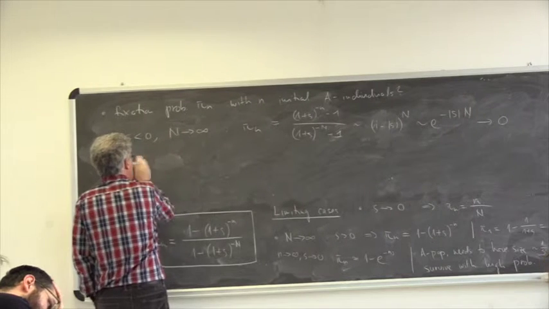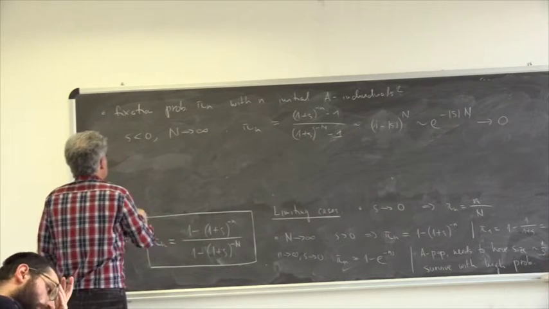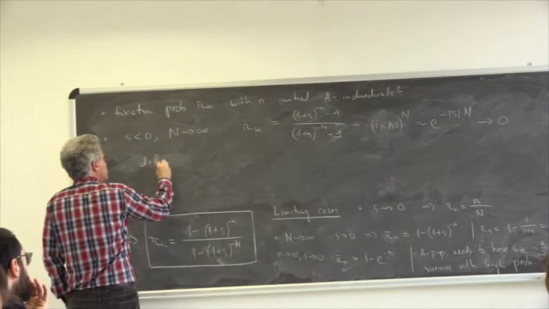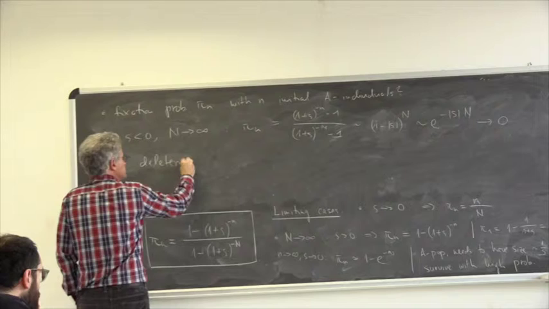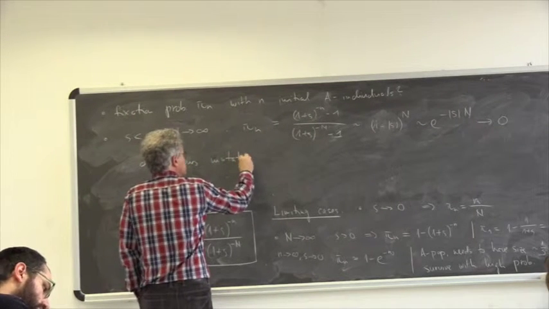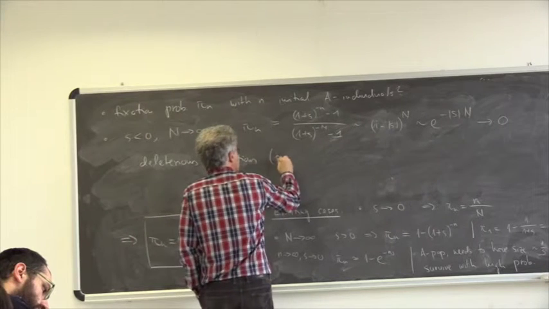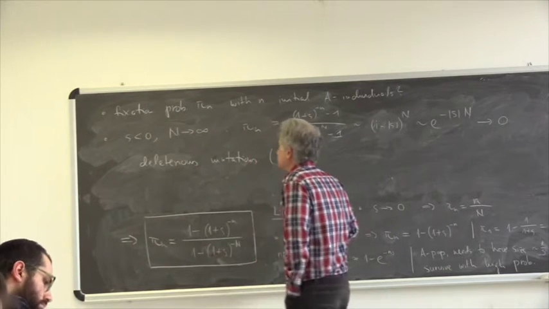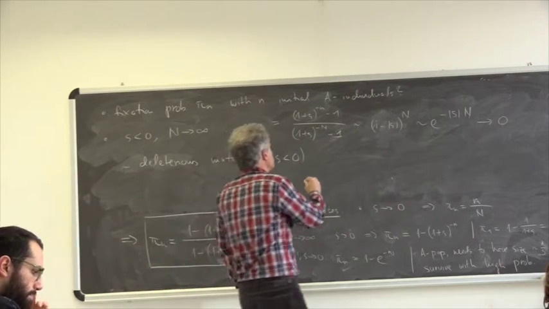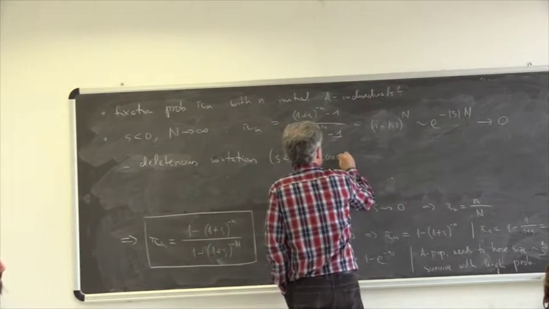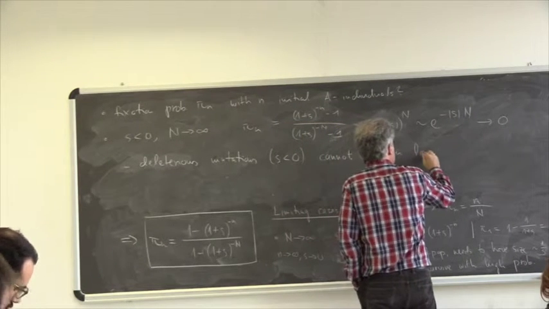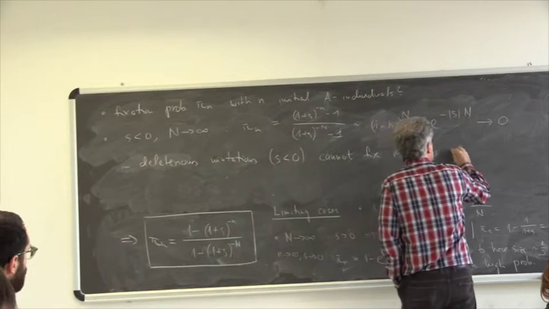So maybe this is a good point to introduce those terms. Deleterious mutation means that s is negative, and it will not fix in large populations.